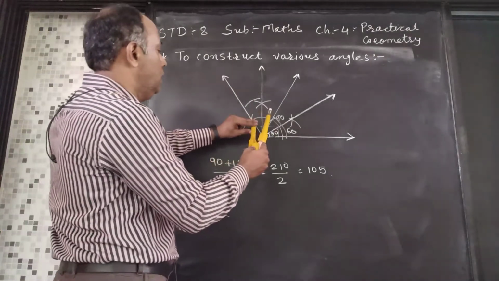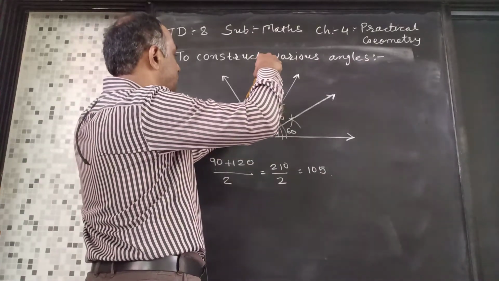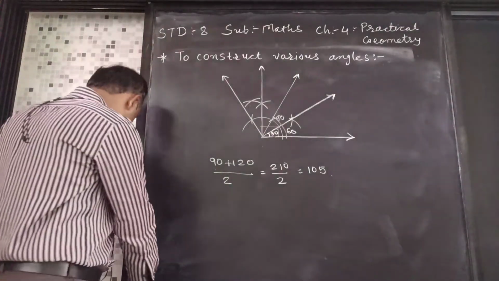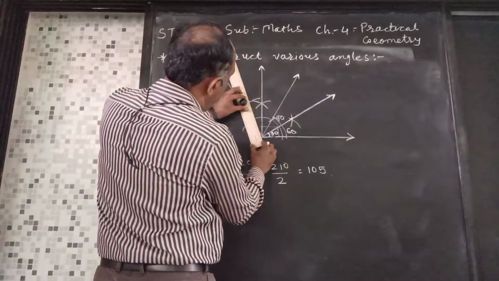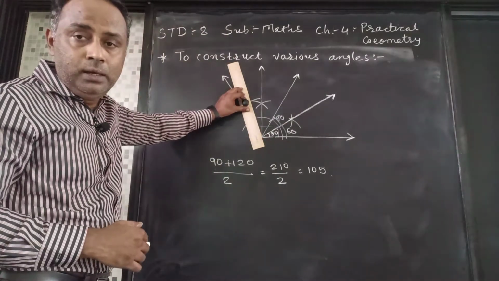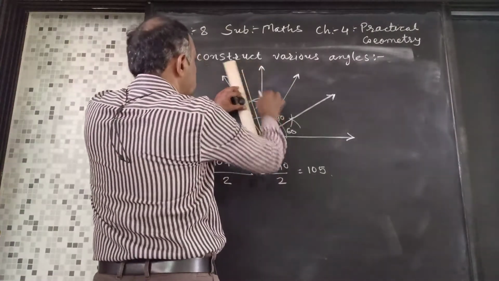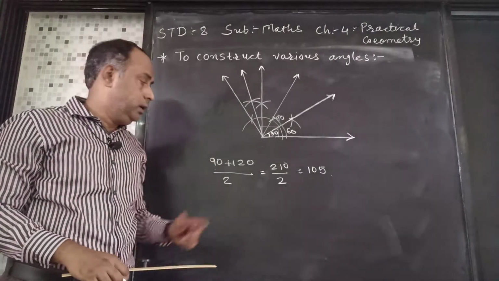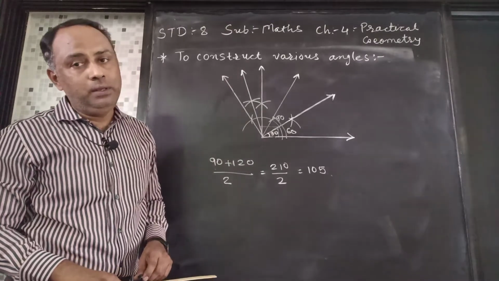And again now keep that pointer part of the compass at 120 and mark the previously given arc. If both are intersecting each other, then pass a ray from it. There you see, just need to see the alignment properly, that they should be well aligned, and now just pass a ray from it. So thus you will get one more ray between 90 and 120. It is exactly the half of the sum of these two, and a 105 angle can be constructed.